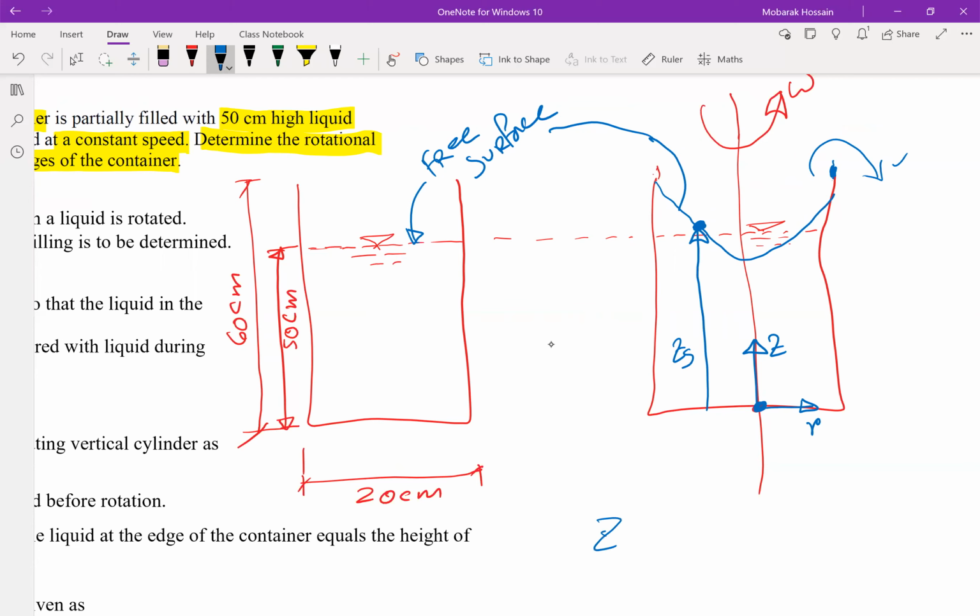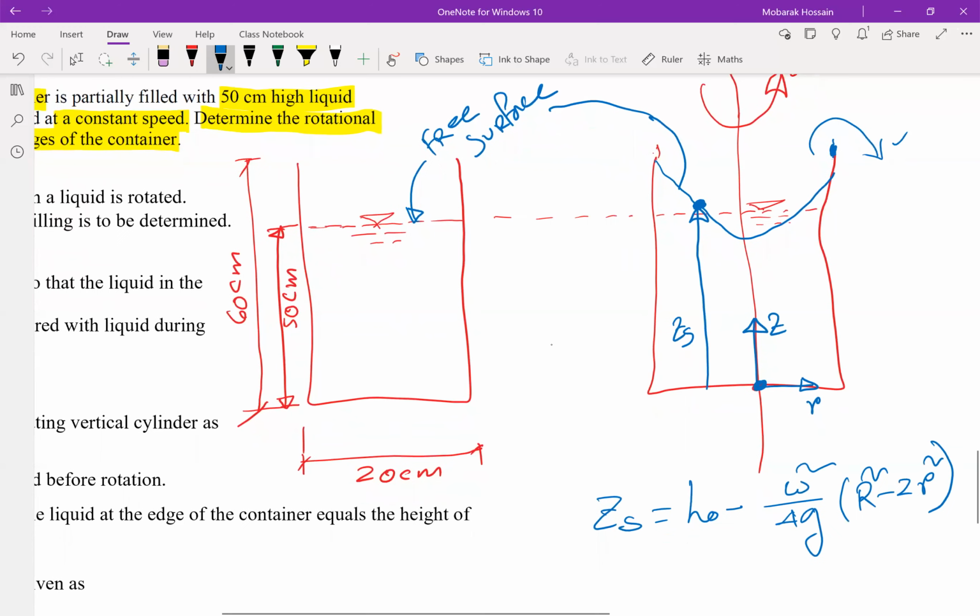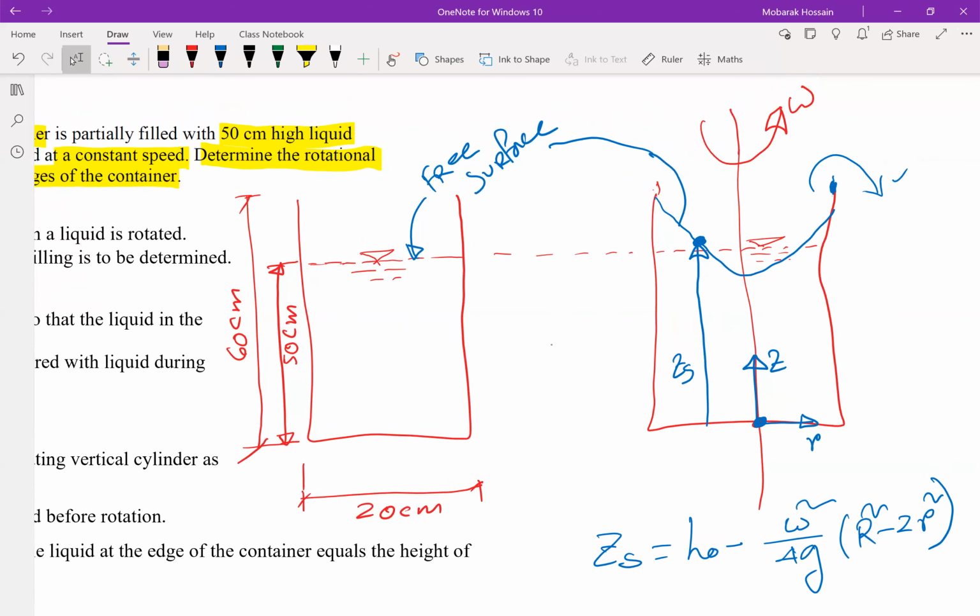Now we can find this zs from the formula: h naught minus omega square over 4g, then r square minus 2r square. This is the formula if you want to find your free surface position.